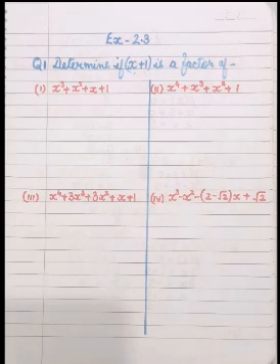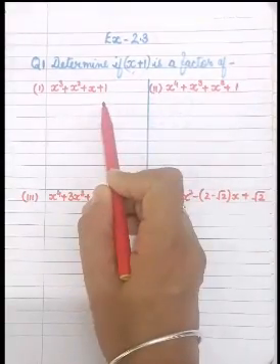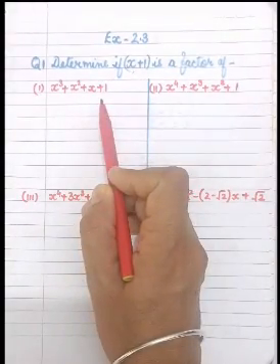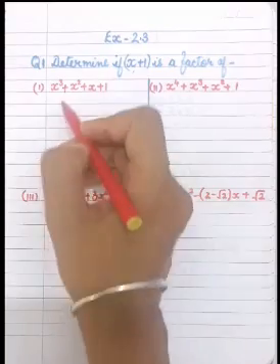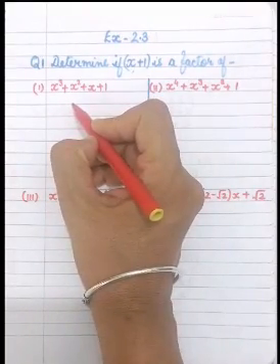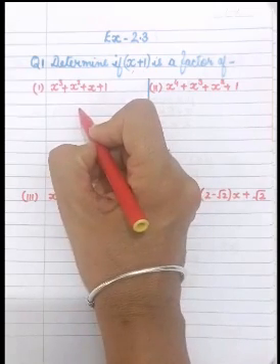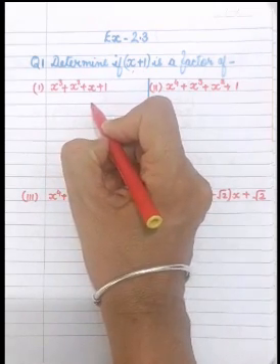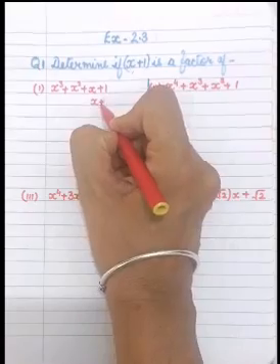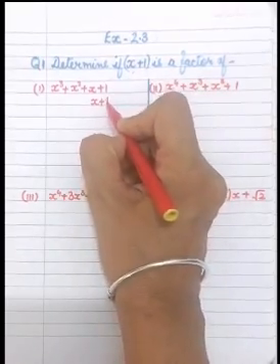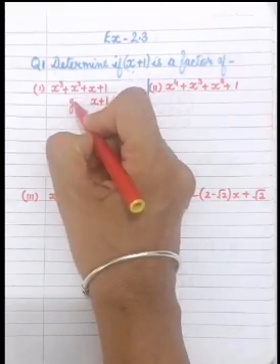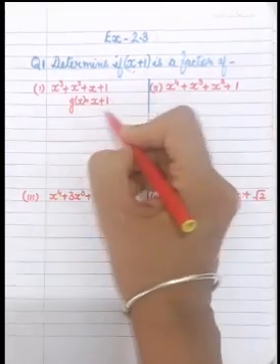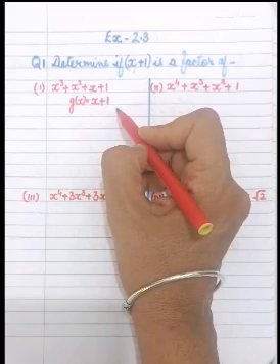Just to check whether this is a factor of the polynomial, first we are going to look for its zero. If you remember, in one of my previous shorts, I have told you how to look for the zero of the polynomial. Let's say this is g(x). So I am going to make this polynomial equal to 0.